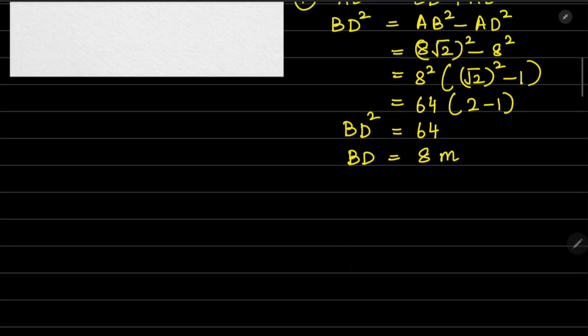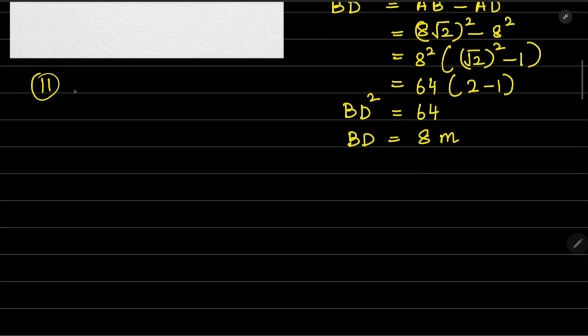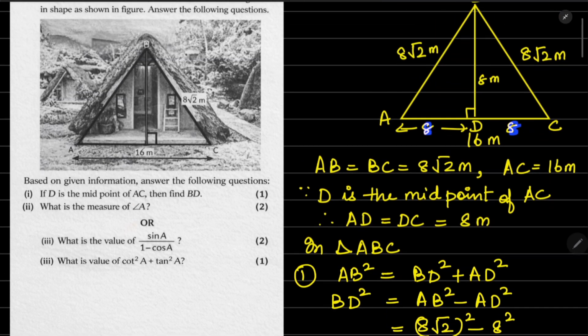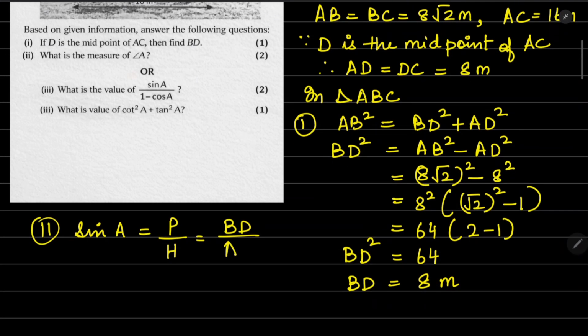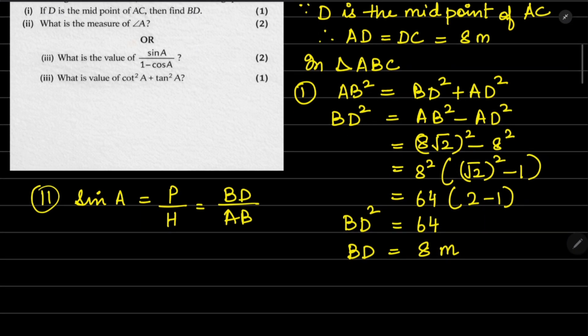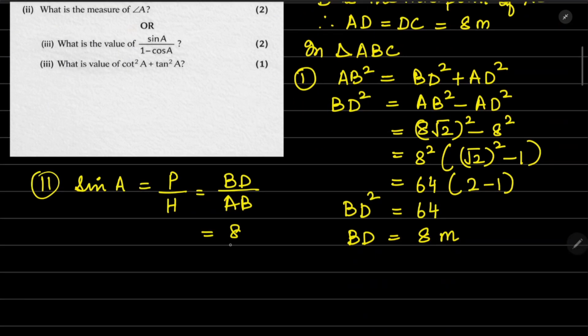So for the second question, in order to find out angle A, I'm going to write sine A is equal to P by H. What is your perpendicular? BD. By what is your H? AB. BD by AB. So what is your BD? BD is 8. AB is 8 root 2.